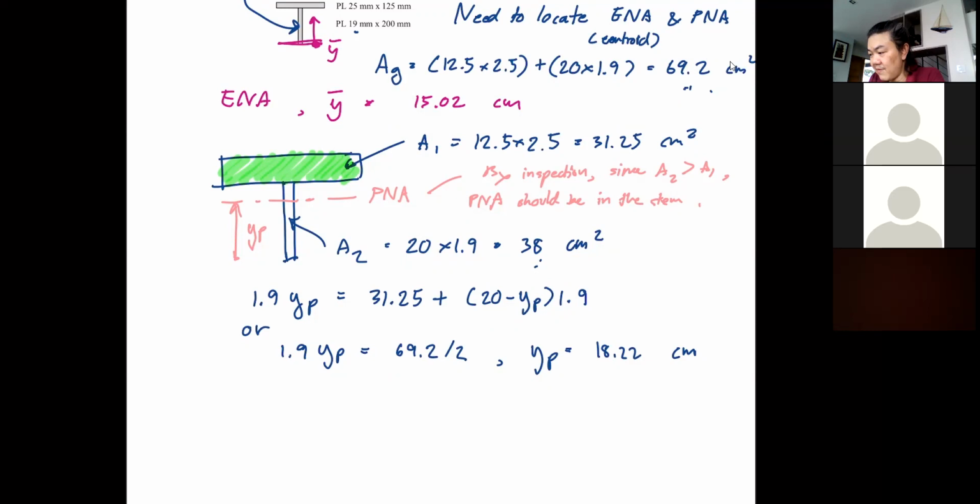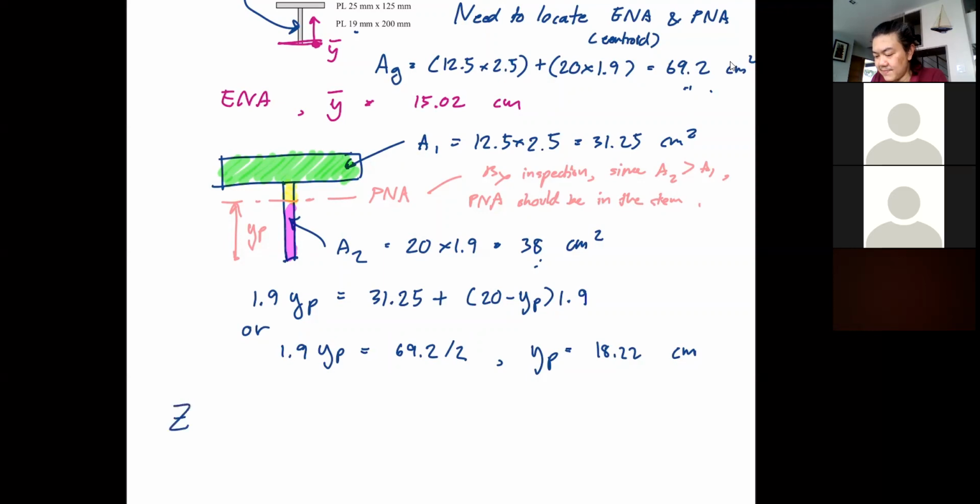And then you are going to have this area. That's another one, and then that's another one. So three of them, and you cannot use the BD square over 4. That is for the basic rectangle where the PNA is right there at the centroid. When you face something like this, you need to calculate. No two ways about it.